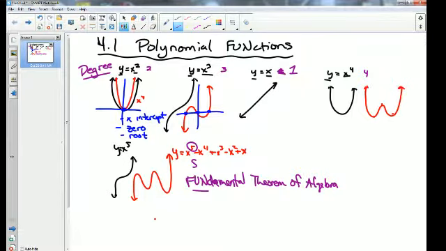That is the number of possible, okay, the degree is the number of possible real zeros. Okay. Now, why do I have to put that there?